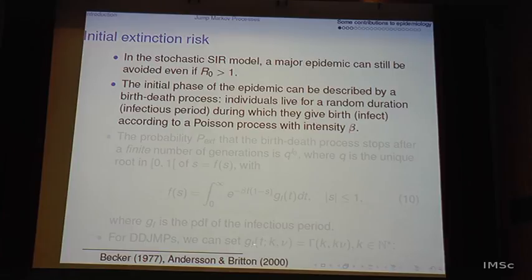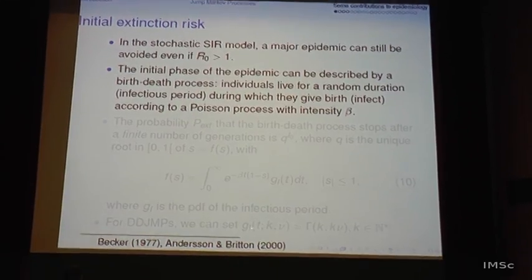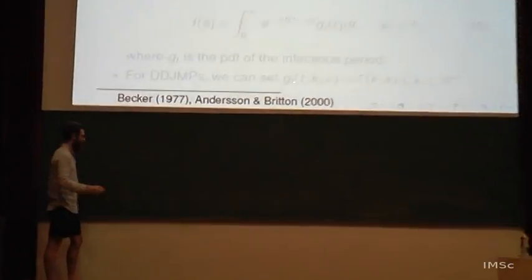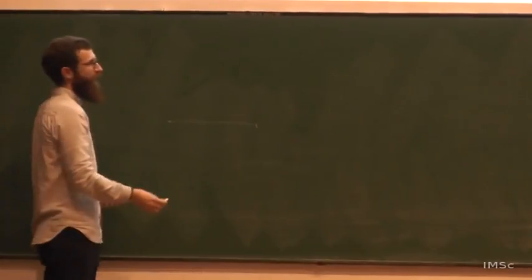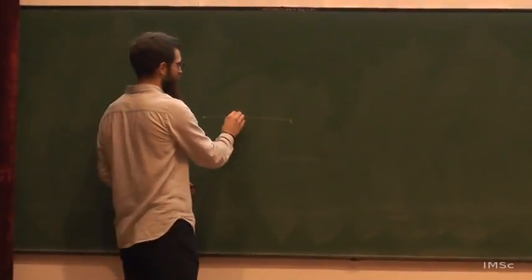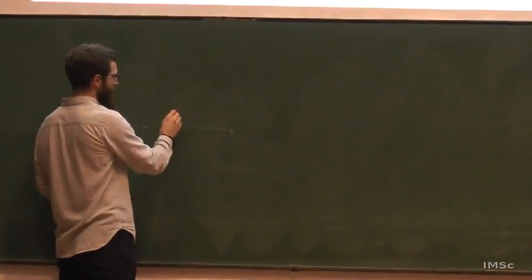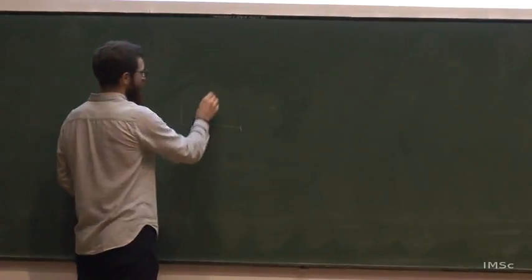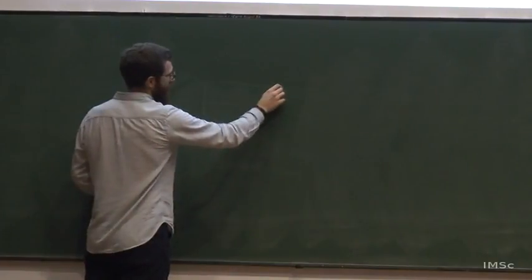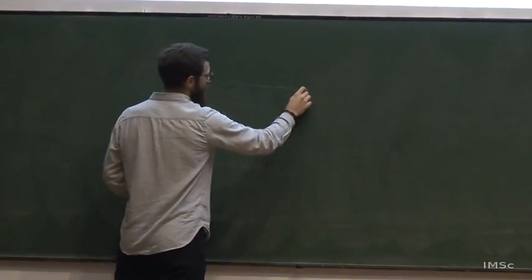Well, this guy, so you have one infectious individual, and he stays infectious for some random duration, and he's going to infect some other people at different times, according to a Poisson process. So for instance, this guy and this guy.